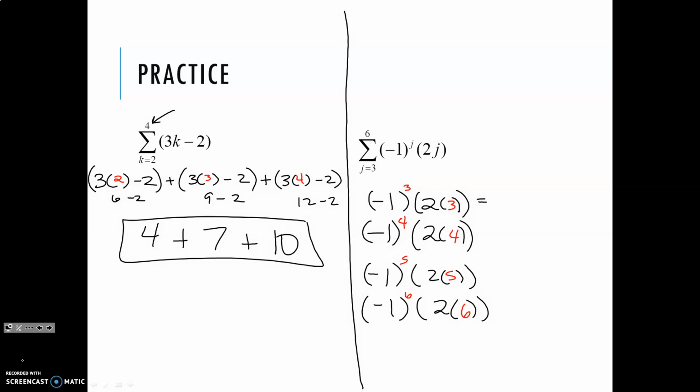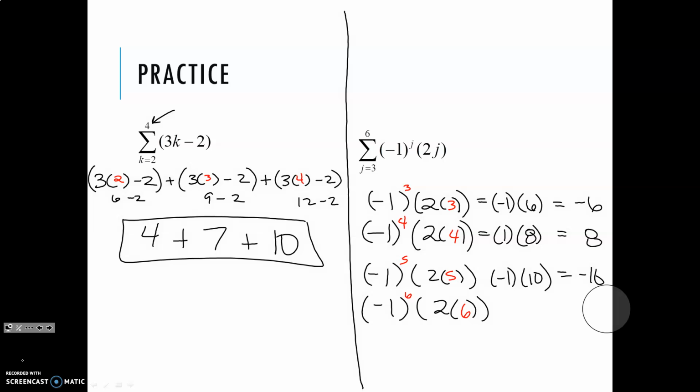So this is going to be a -1 cubed, odd, keep the negative, 2 times 3 is 6, so that is -6. Even exponents get rid of the negative, and that is 1 times 8, so that's a +8. Odd exponent, keep the negative, so that gives me -10.